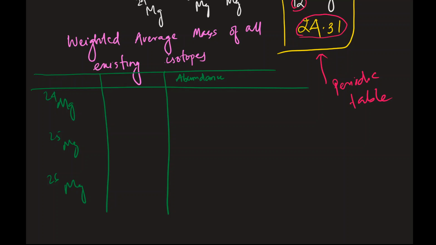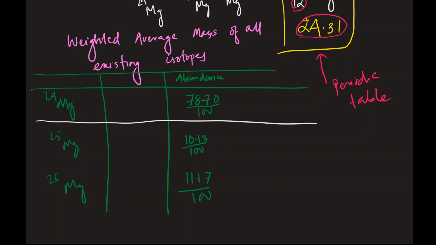Let me rewrite. 24 was 78.7%, then 25 was 10.13%, and the last one was 11.17%. So out of every 100, 78 are Mg24. Good. So how can we find out?